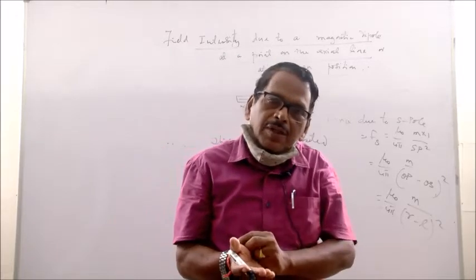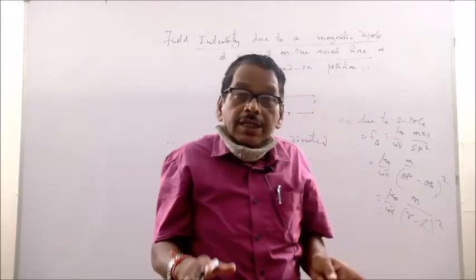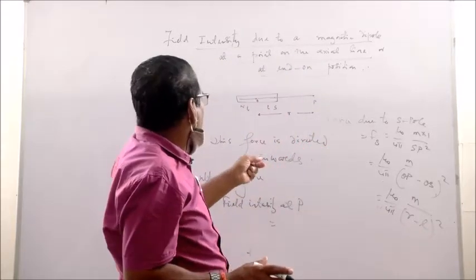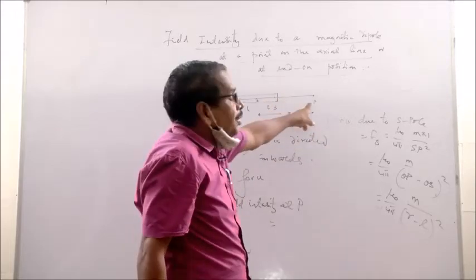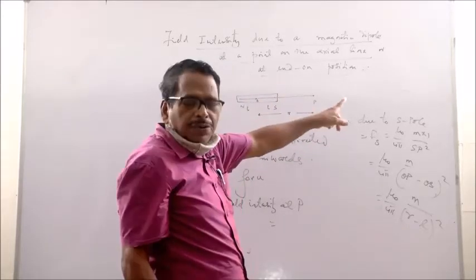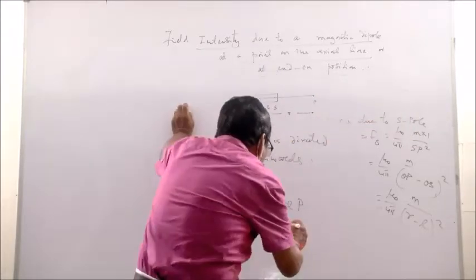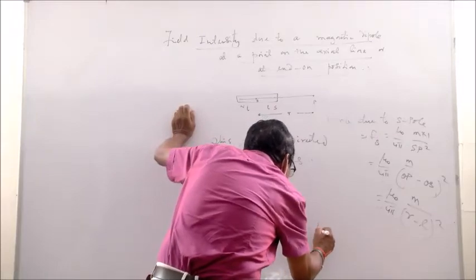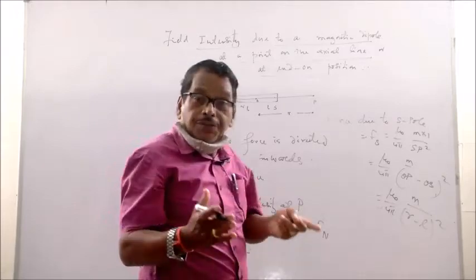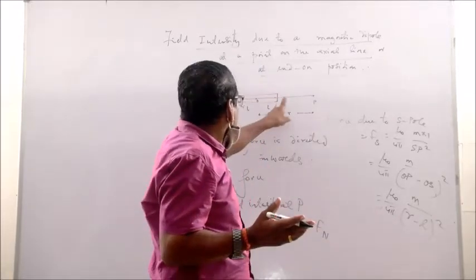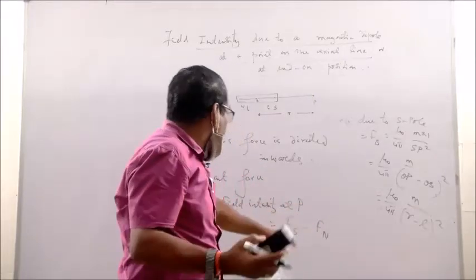It will be Fn minus Fs or Fs minus Fn, because they are along the same line. You decide which. The south pole is nearer to P, the north pole is further from P, so the force due to south pole will be greater. So the resultant force will be Fs minus Fn. Students can be confused why it is not Fn minus Fs; because the south pole is nearer to P, its force will be stronger.